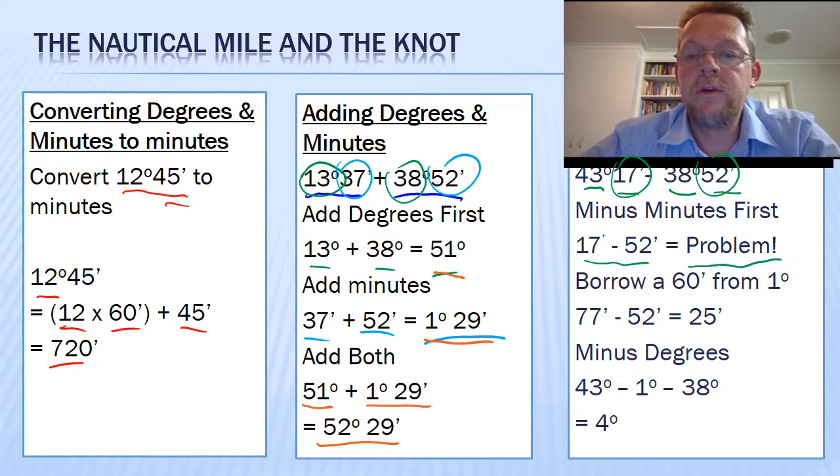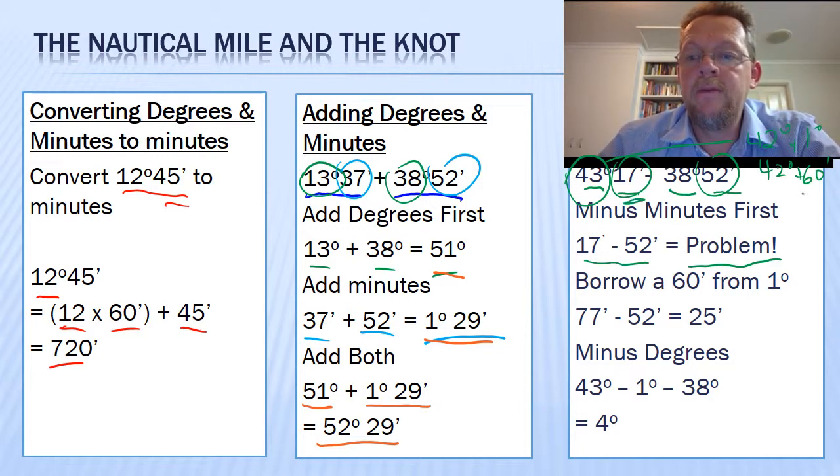So what we want to do is borrow a degree from 43. So what we're really going to do is we're going to say 42 degrees plus 1 degree is 42 degrees plus 60 minutes, and then we can add the 17 minutes on.